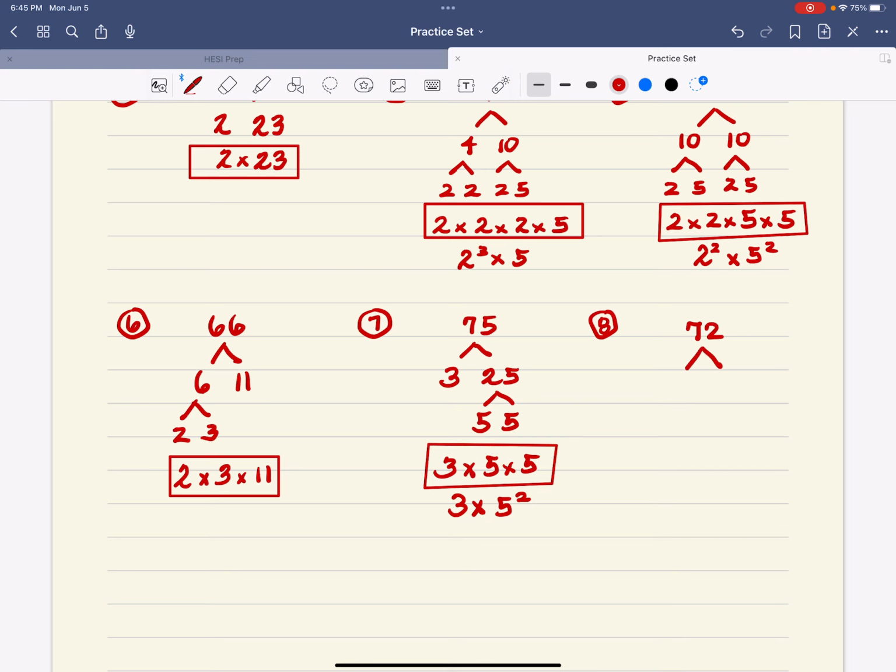Say them out loud as you're doing them. 8 times 9, and neither of those are prime. That 4 has to go on down. And then the 9 is 3 and 3, and those are prime. So I have 2 times 2 times 2 times 3 times 3, or 2 to the third power times 3 to the second.